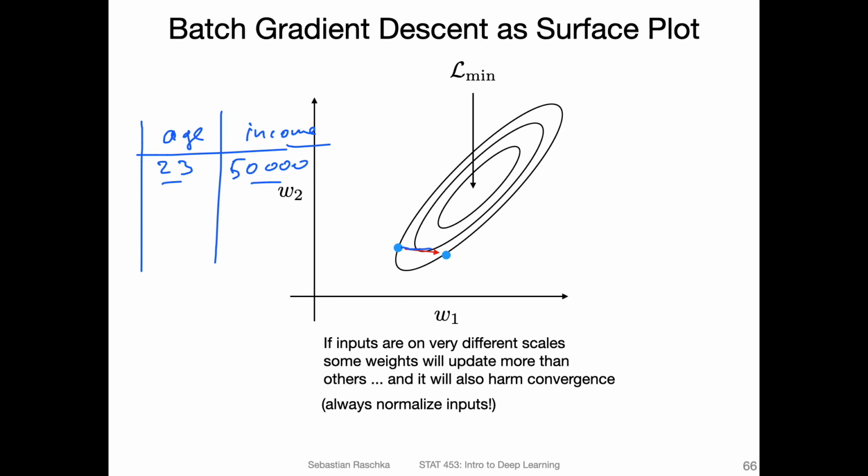We may make steps that are pointing towards the minimum in one direction, but in the other direction we make maybe a larger leap. So if we overshoot, we also end up zigzagging. In this way, it helps initializing the weights with small random numbers, but also normalizing the inputs.